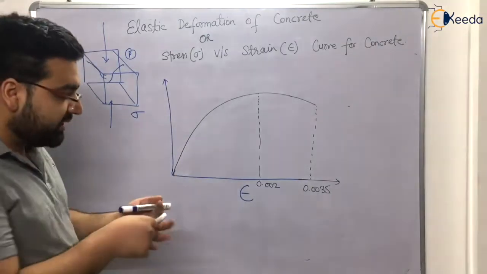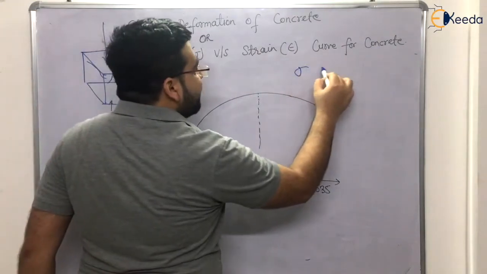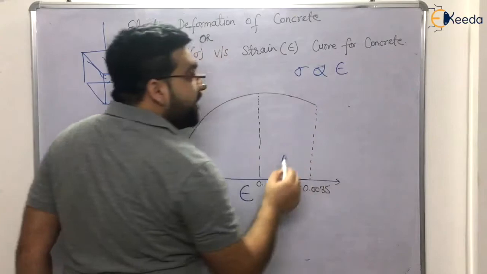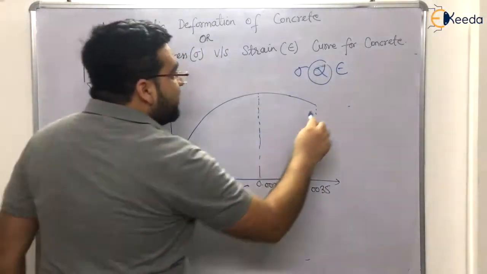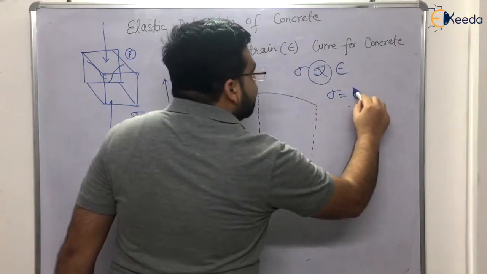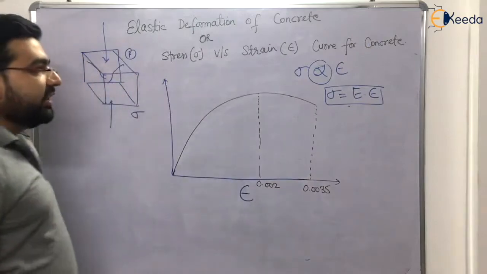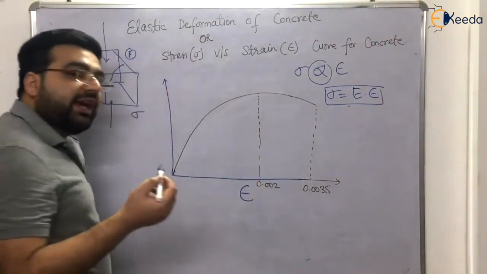What is Young's modulus? You know that in strength of materials, stress is directly proportional to strain. If you remove the sign of proportionality, you get a constant, and that constant is known as the Young's modulus of elasticity, stress equals E into epsilon. So in a graph, how do you get the Young's modulus?